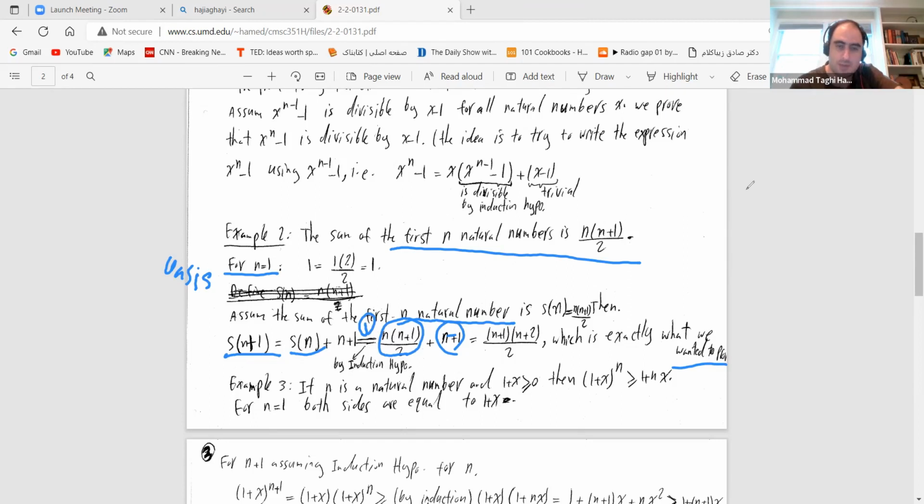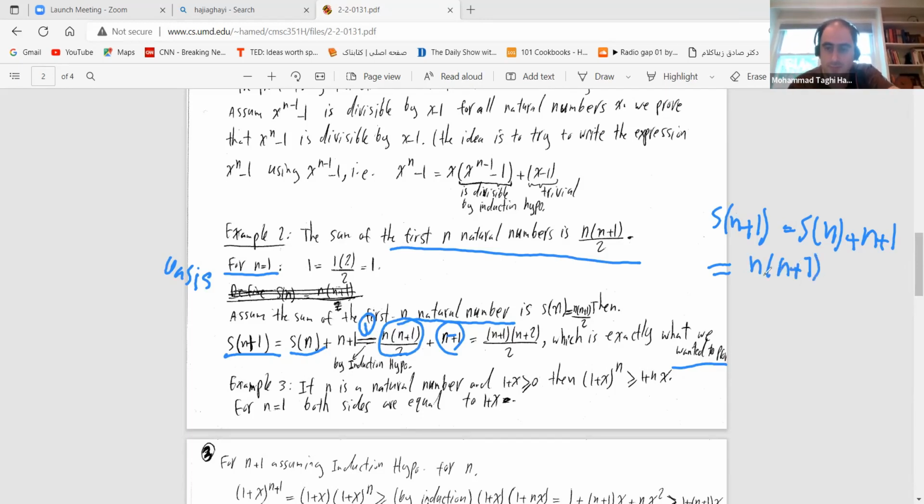And then, for example, it might be like this. They will say S of n plus 1 is equal to S of n plus n plus 1. And then in the next line, say that it is equal to n times n plus 1 over 2, plus n plus 1.